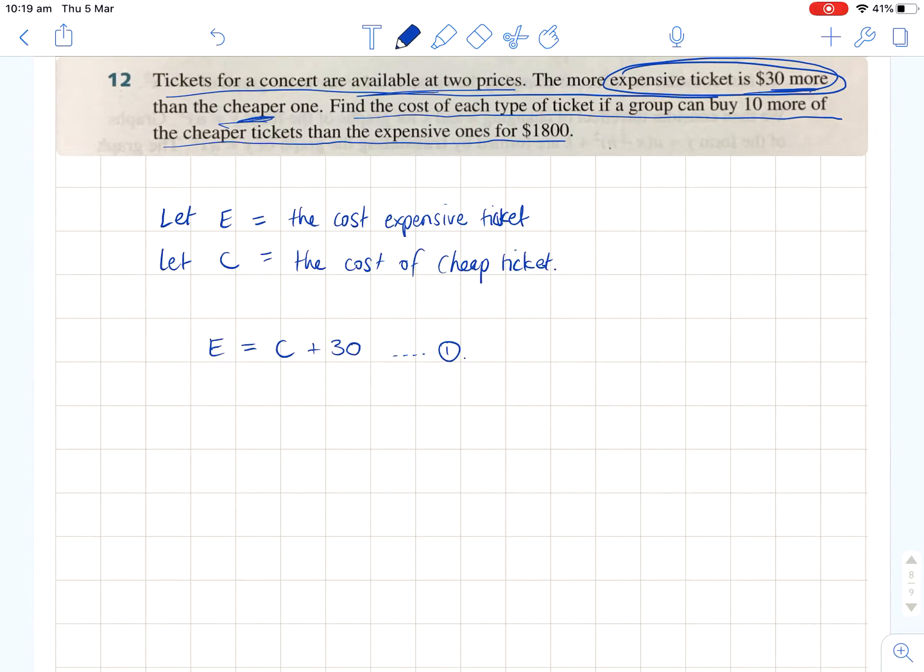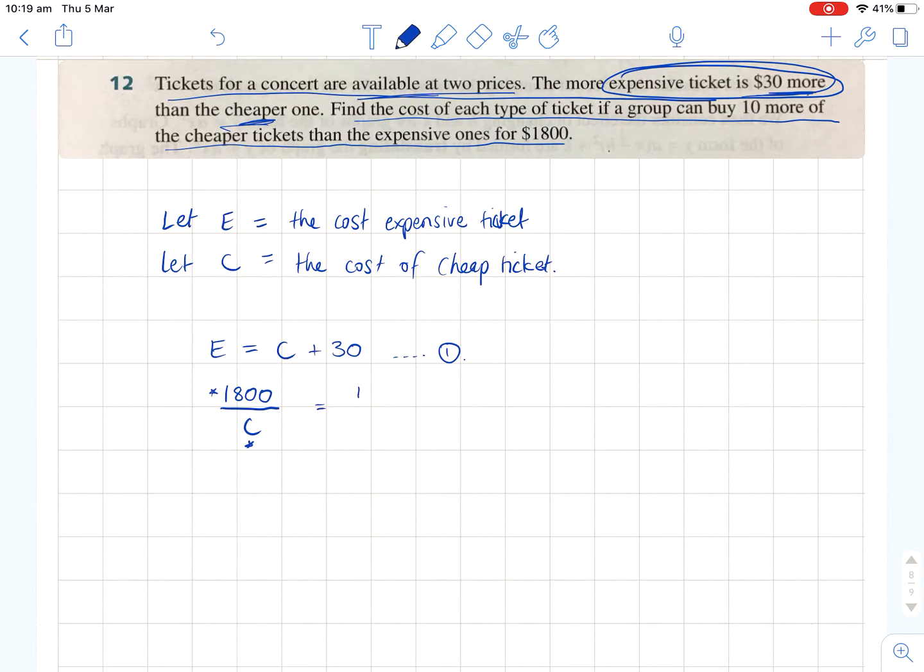But eventually I said, well, I know that $1,800 divided by C will give me the number of cheap tickets that I can buy. C is the cost, and 1,800 is the total cost. So if I take the total cost and divide by the cost of a cheap ticket, I work out how many tickets I purchase at the cheap price.